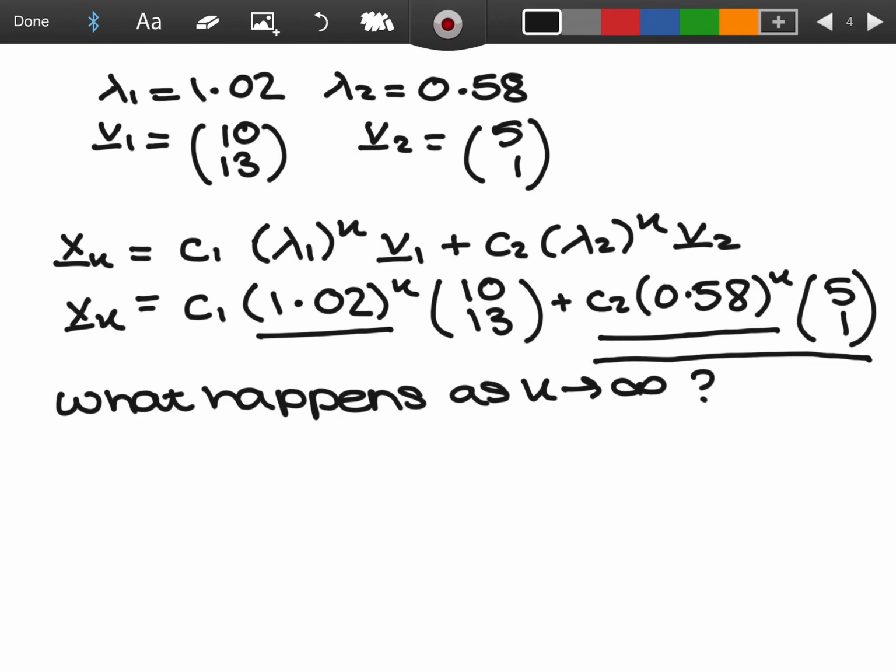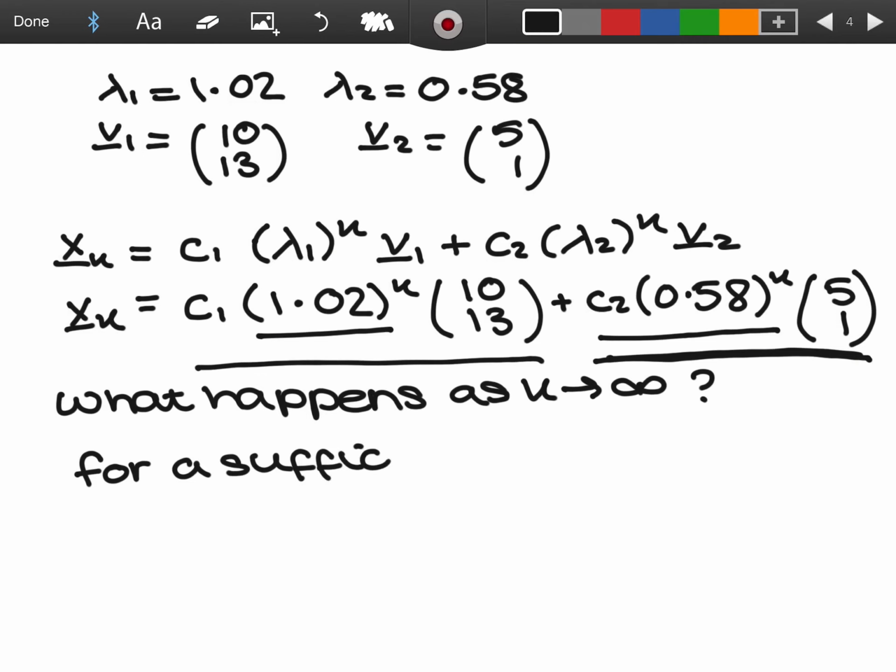So this whole term here is going to dominate the system, and this term will tend to 0. So for a sufficiently large k, as enough months have gone by.